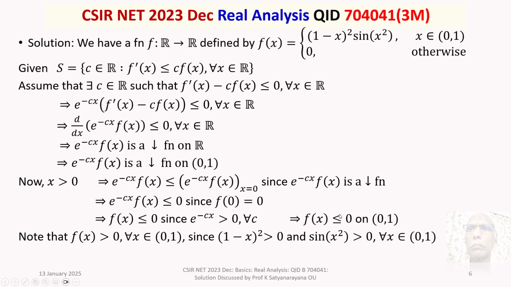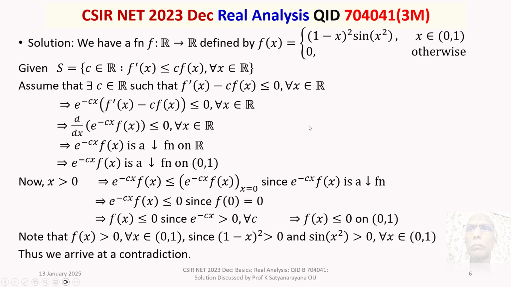Whereas f of x less than or equal to 0 on 0 to 1 is the conclusion we have drawn from assuming that there exists a c belonging to R such that f prime x minus c times f of x is less than or equal to 0 for all x belonging to R. Right. These two things put together give you a contradiction. So thus we arrive at a contradiction.